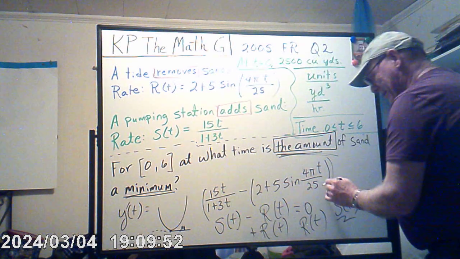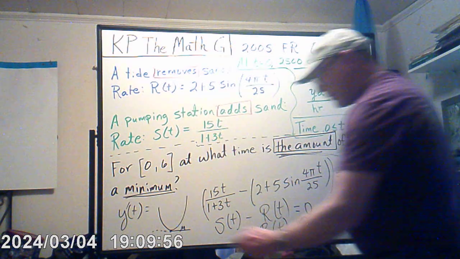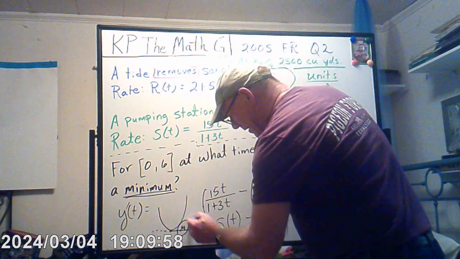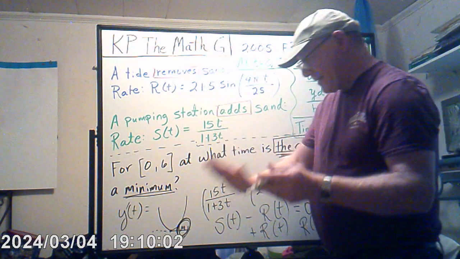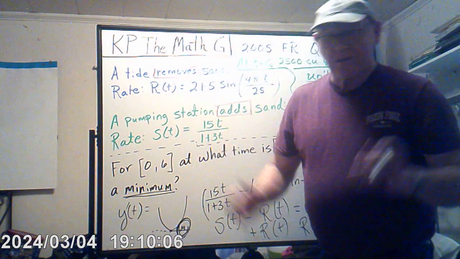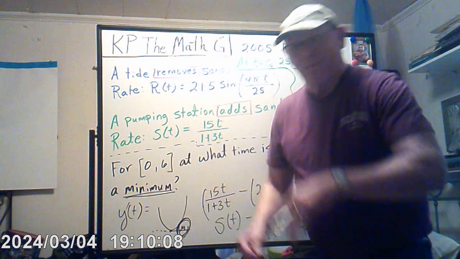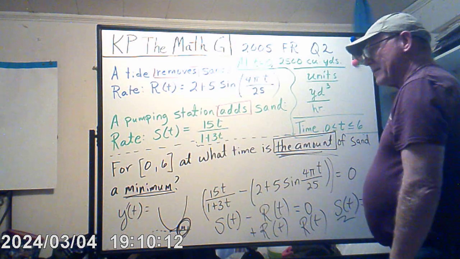Alright, so that's what we're saying. This minus this, in this case, equals 0, because we want that to equal 0 because the slope of the tangent line is 0 when it's a minimum, or it's 0 when it's a maximum. So whether you're doing a max or a min, you have to set this equal to 0.